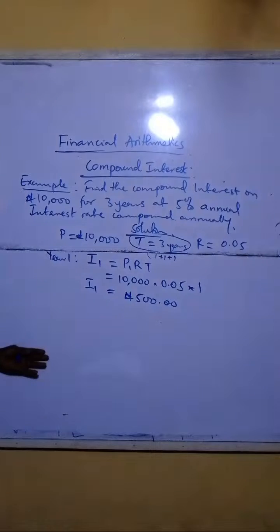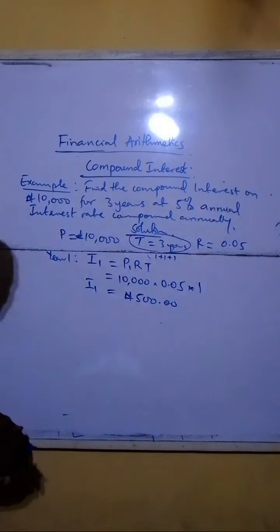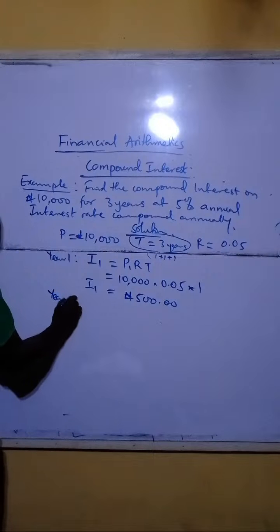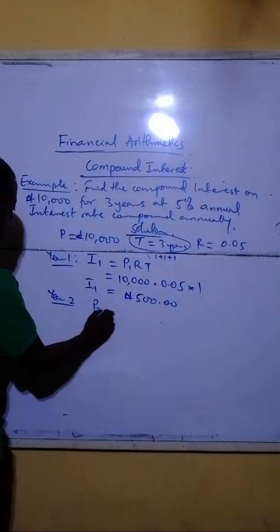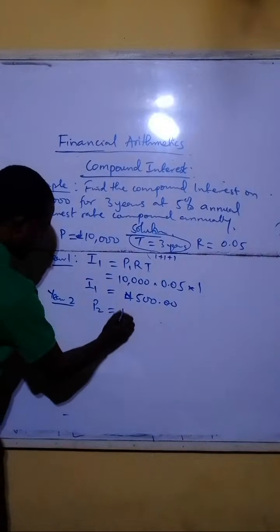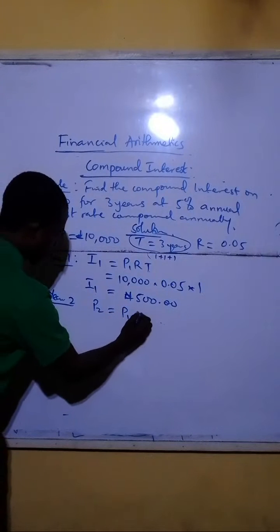We move to year 2 now. The first thing to find for year 2 is the principal. So P2 is P1 plus I1.